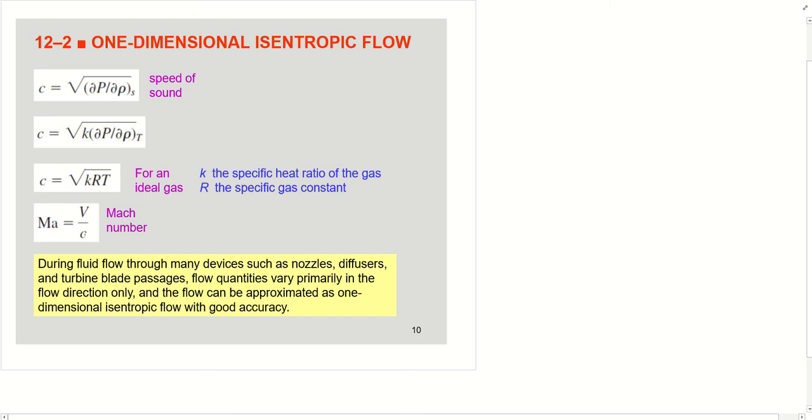During fluid flow through many devices such as nozzles, diffusers, and turbine blade passages, flow quantities vary primarily in the flow direction only, and the flow can be approximated as one-dimensional isentropic flow with good accuracy. So for this analysis, we just consider one-dimensional and isentropic.